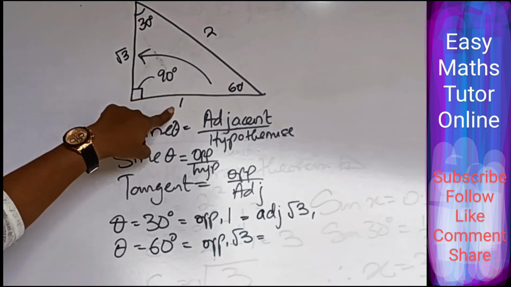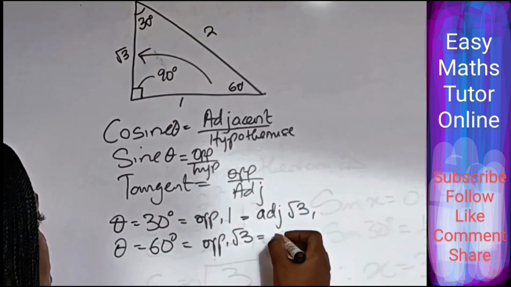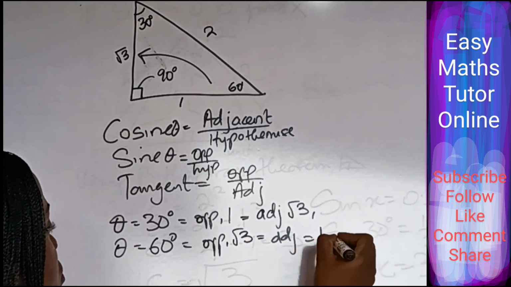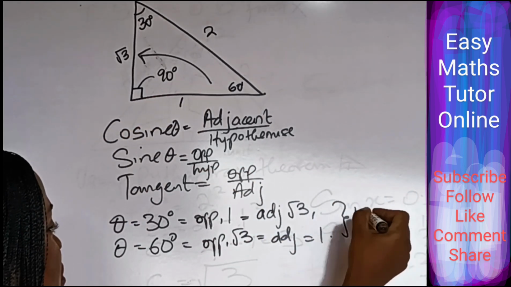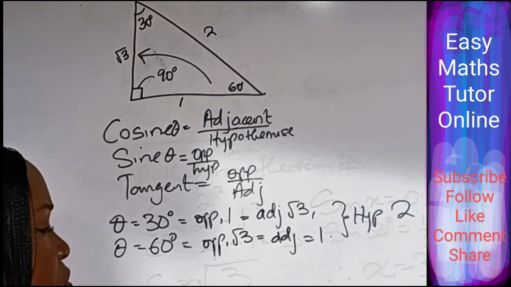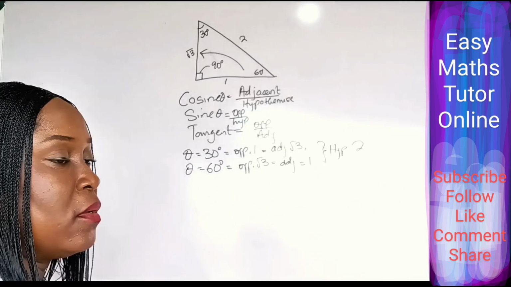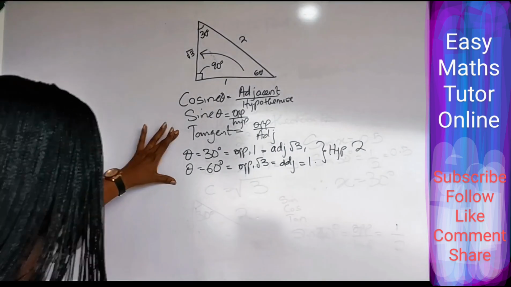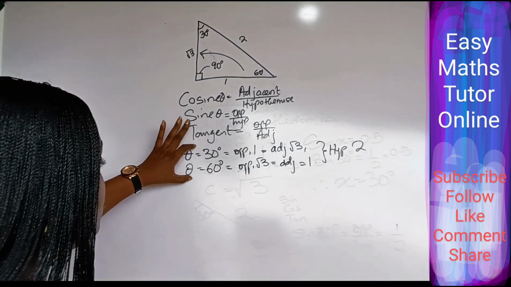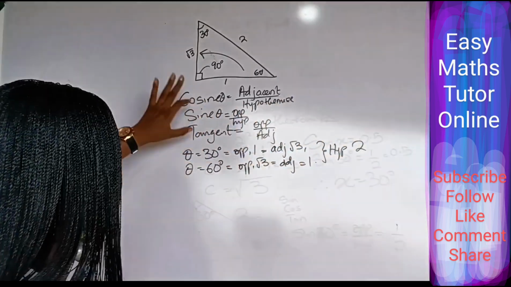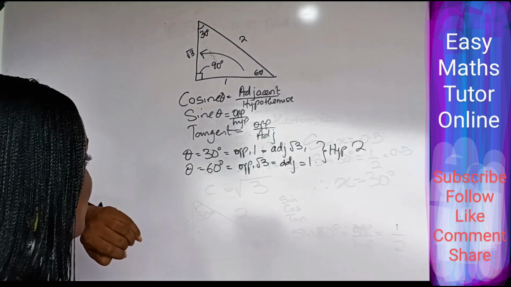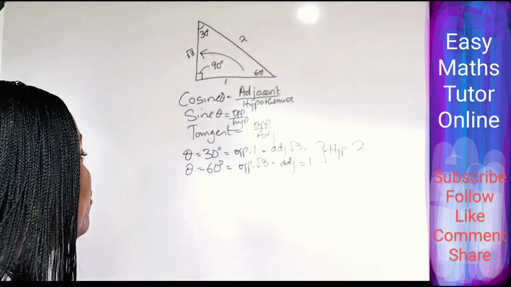The adjacent, the side touching the angle, for 60 degrees is equal to 1, and both of them have a hypotenuse of 2 units. So with all these details, we are able to find the trigonometric ratios for 30 degrees and 60 degrees. This is sufficient for us to find it.